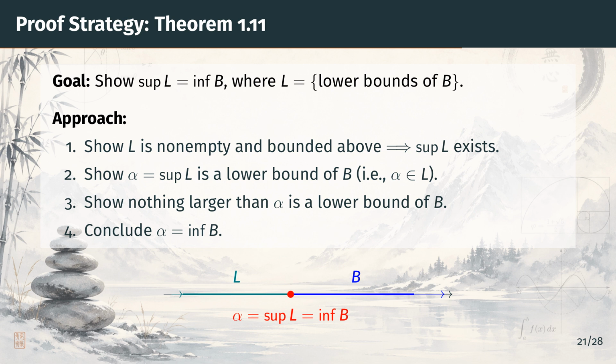Our plan is, first, use the least upper bound property to show that sup L exists. Then, show that this supremum is actually a lower bound of B, meaning it belongs to L. Finally, show that nothing bigger than alpha is a lower bound of B. That will make alpha the greatest lower bound, the infimum of B.